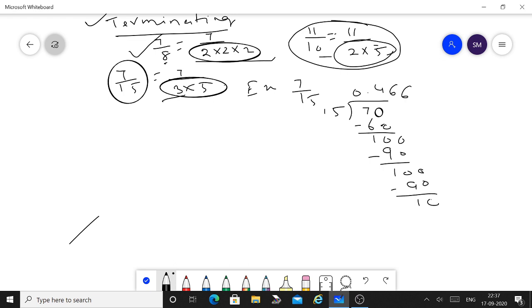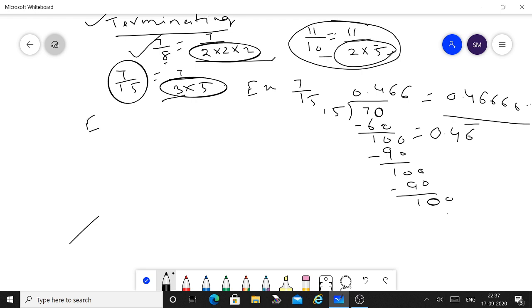Can you get the final answer? You only get 0.46666666. This is a non-terminating and recurring rational number, meaning 6 is repeated many times. How can you write this? 0.46 with a bar over the 6.